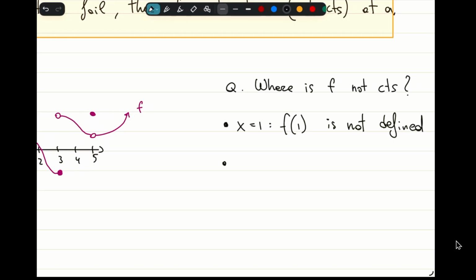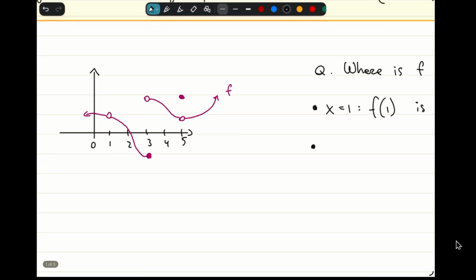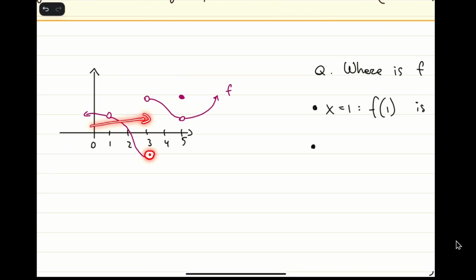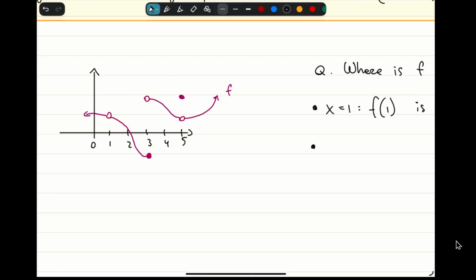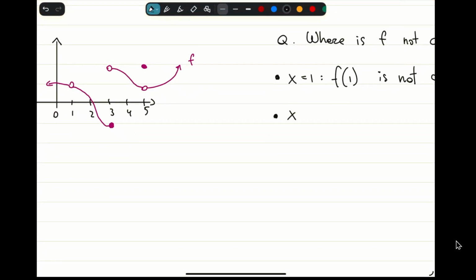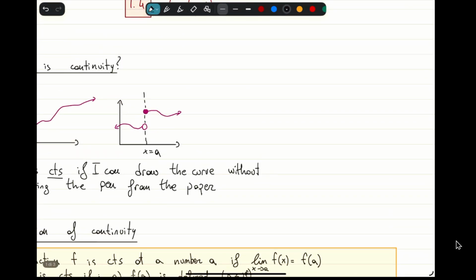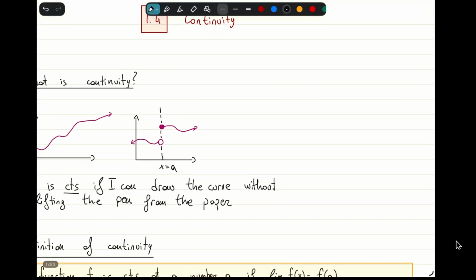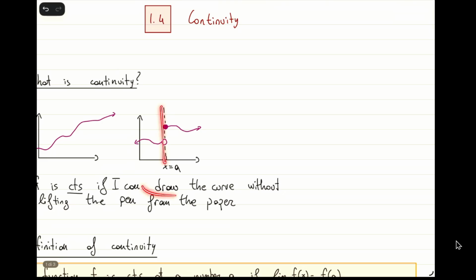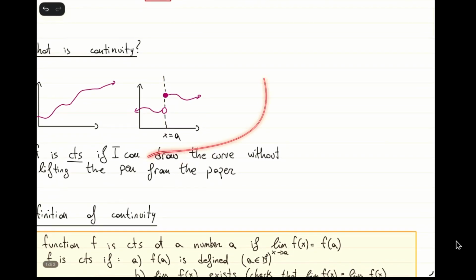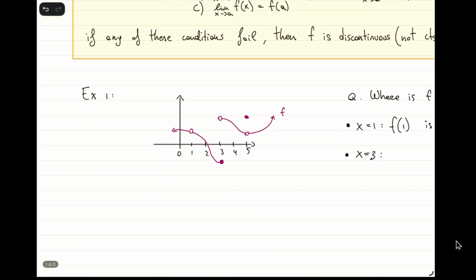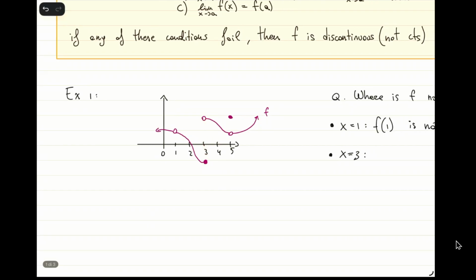Okay, now let's check the next one. We just move along this way, and the second thing we encounter are these 2 points. Let's check, and they are on the line x equals 3. Again, you might see there is some similarity between this graph here and this situation here. Well, is f of a defined here?